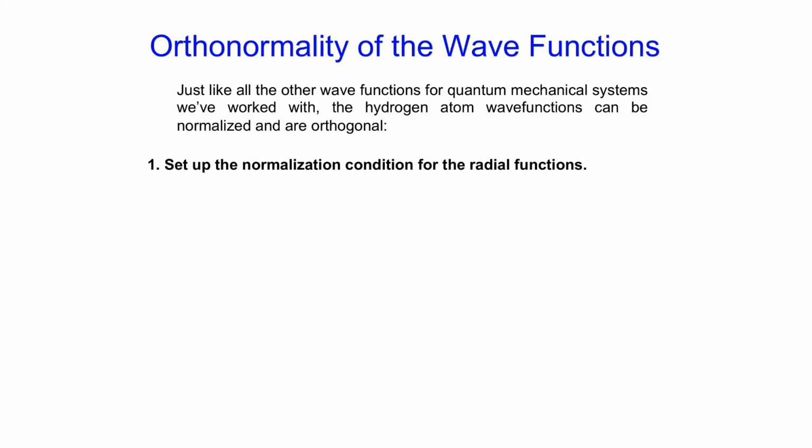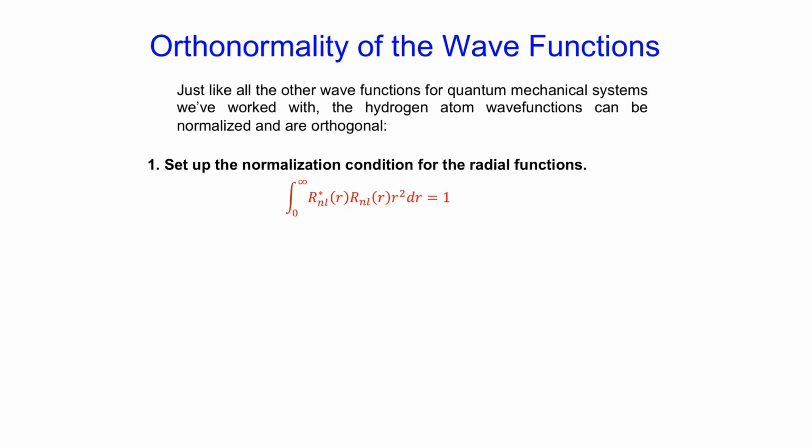Take a minute, pause the video, and see if you can put together the normalization condition that you would want to use for the radial function. So this is kind of a show that the radial functions are normalized expression. Hopefully you've taken a minute to write your answer down for that. So let's see how you did. Hopefully this is the expression you came up with.